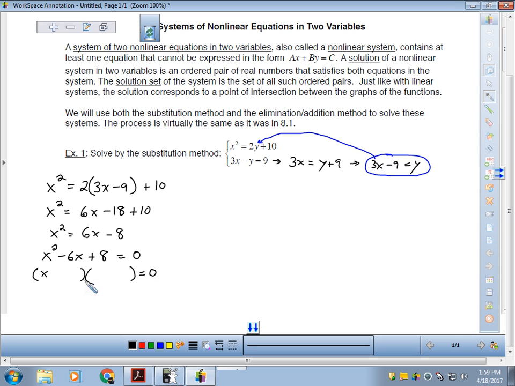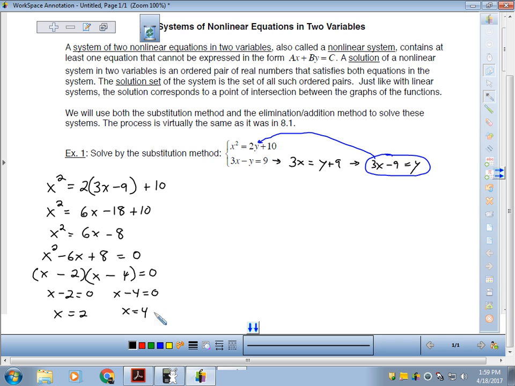So we have x and x. To make 8, we can have 1 and 8 or 2 and 4. To make it negative 6, we're going to have 2 and 4, and both of them have to be negative. Then we set those factors equal to 0, and we get x equals 2 and x equals 4.